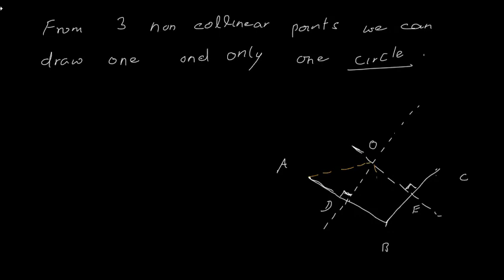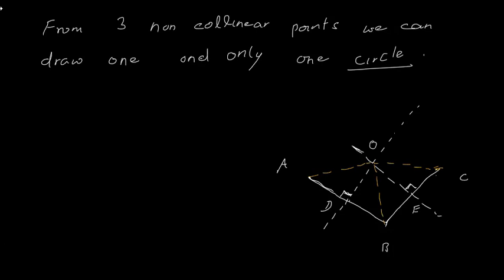Join OB and join OC. Now if I am able to prove that points A, B and C are at equal distance from point O, then if I take O as a center and draw a circle, this circle will pass through points A, B and C. So from three non-collinear points we can draw one and only one circle.